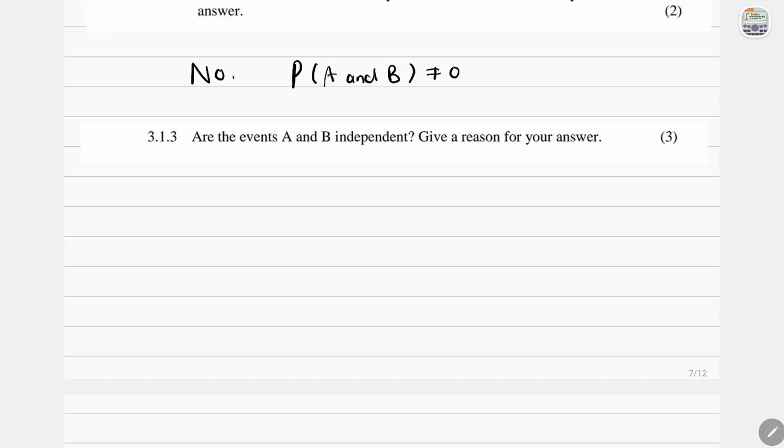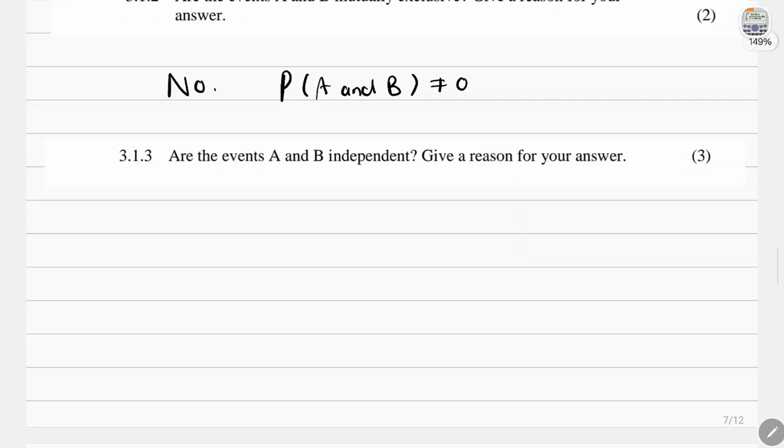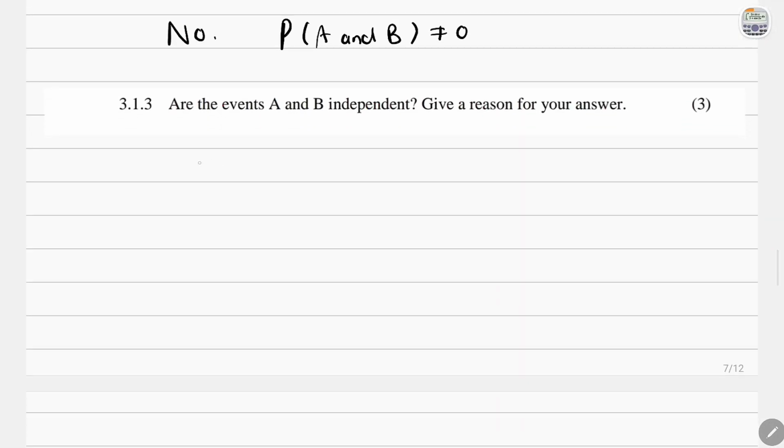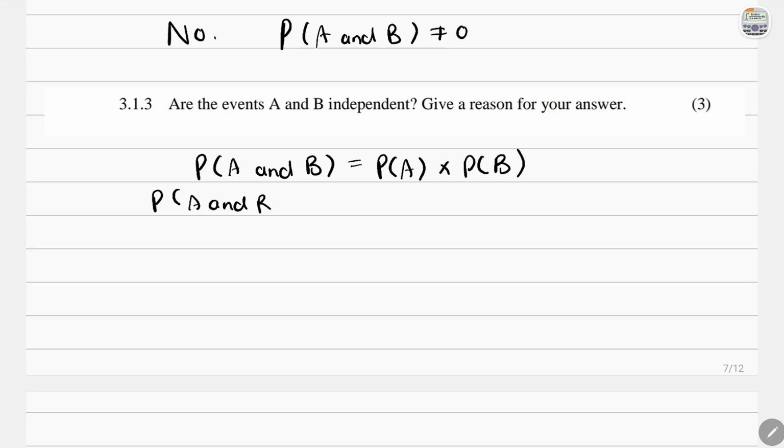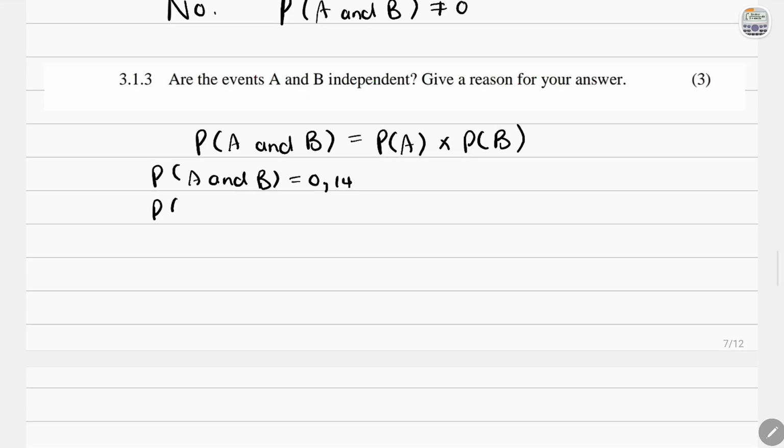Question 3.1.3 says, are the events A and B independent? Give a reason for your answer. So how do we spot when events are independent? Well, if the probability of A and B, since we know there is an intersection, is equal to the probability of A multiplied by the probability of B. We know the probability of A and B was 0.14, right? Let's find out what the probability of A multiplied by the probability of B gives us.